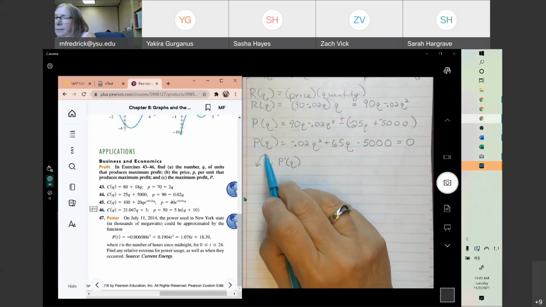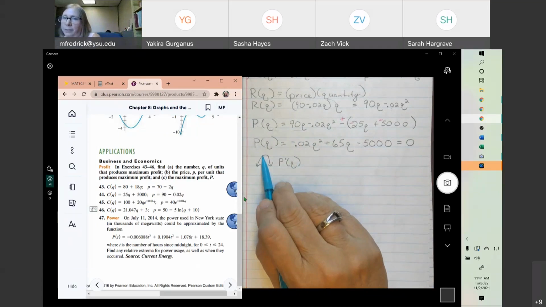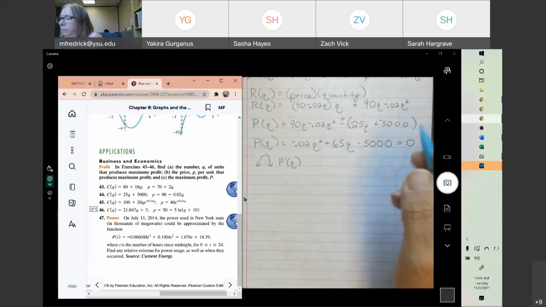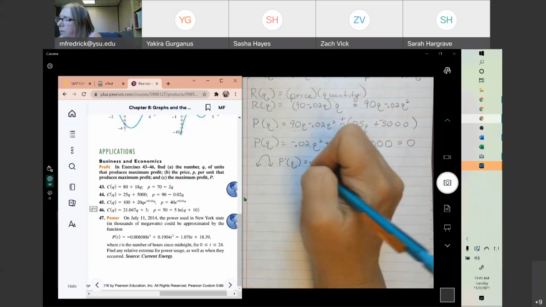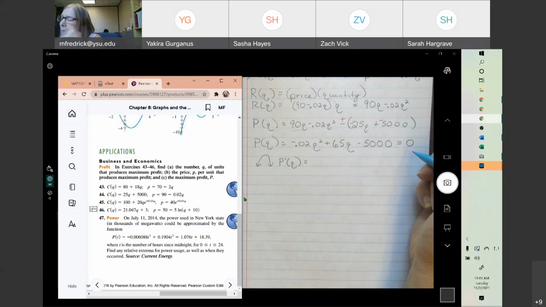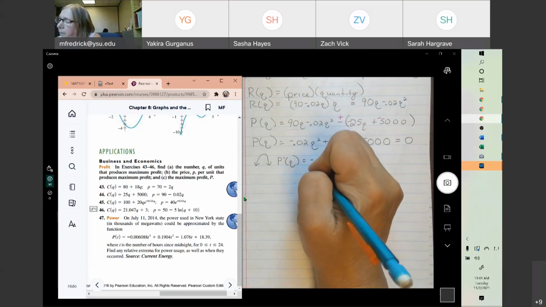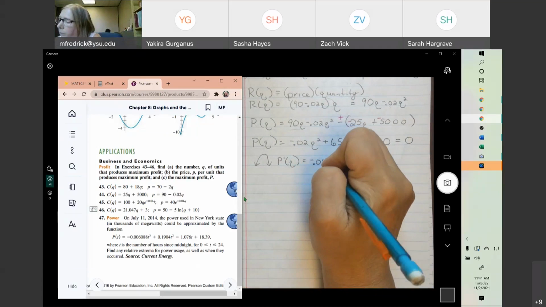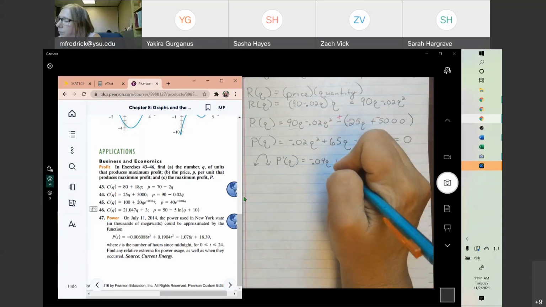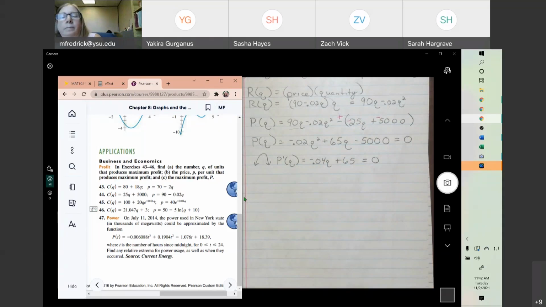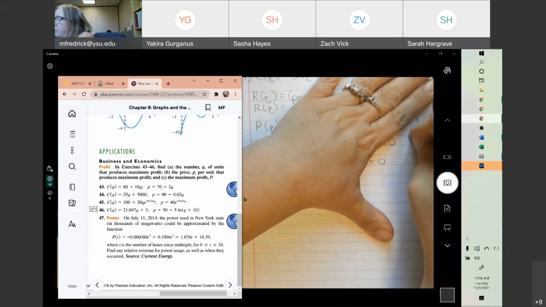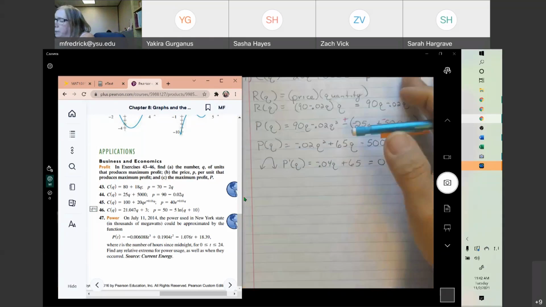So to find this high point, or the x value of the vertex, you just take the derivative. Negative 0.04Q plus 65. Oh, we don't need to set this one because it didn't ask.